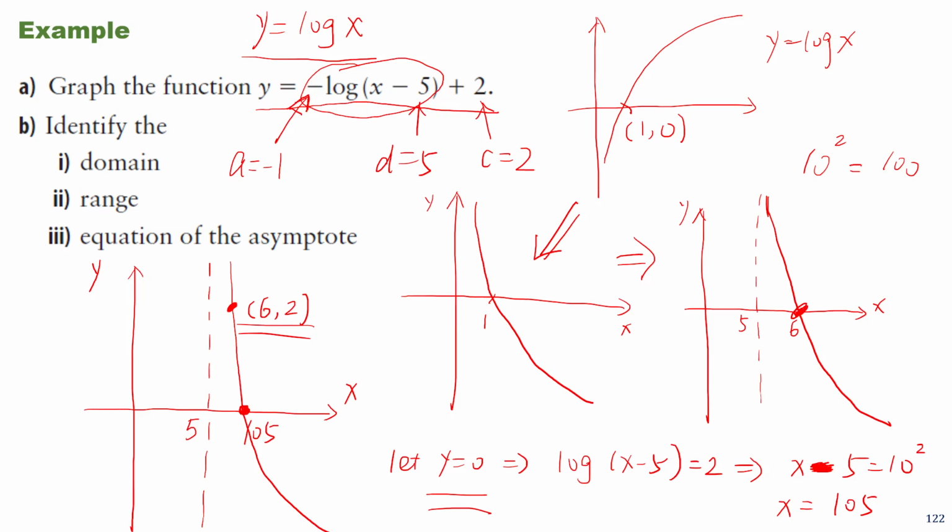The domain is from 5 to positive infinity, open interval, right? And the range of that function is the whole real number set, or from negative infinity to positive infinity. The vertical asymptote is the line x equals 5. Did you get it?